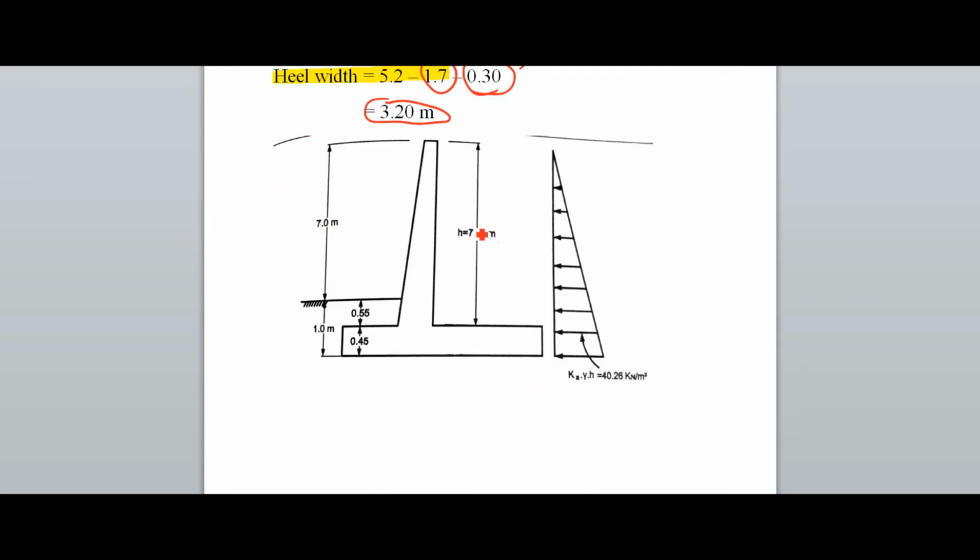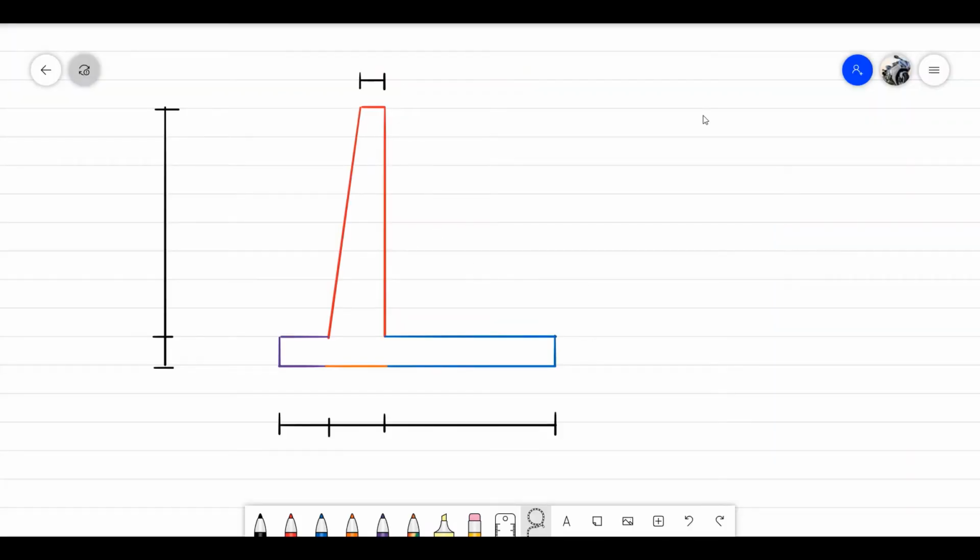Okay, let's draw this drawing and write down the dimensions in it. Okay students, I completed the drawing. Now we are going to add the dimensions, right? So first, the stem top thickness is 200 mm, and bottom thickness is 300 mm.